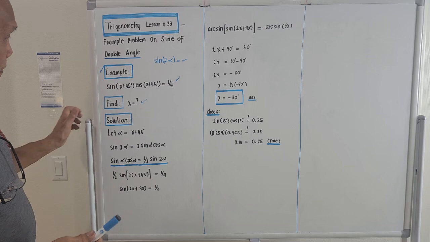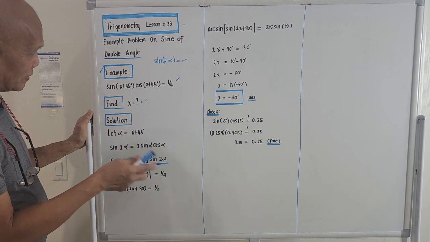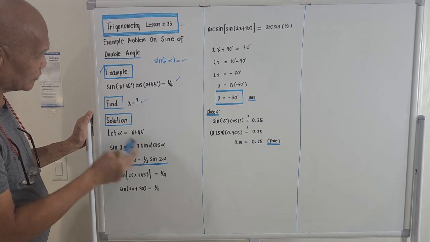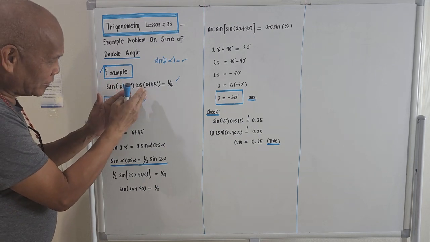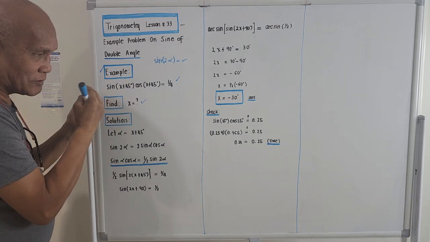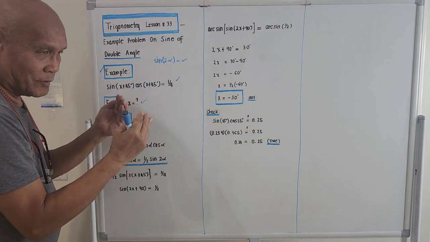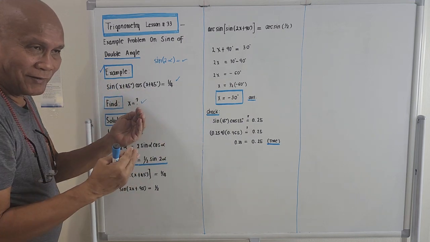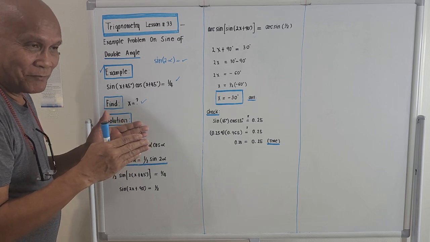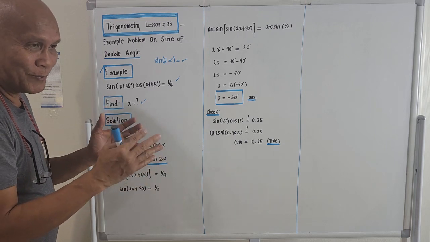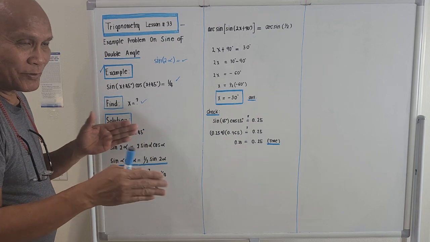Meaning, try to solve for the value of x, and later on try to substitute that value of x here, and compare the value of the left hand side with respect to the right hand side. If they are equal, your solution is correct, because that's the proper procedure on how to verify the validity of an answer.